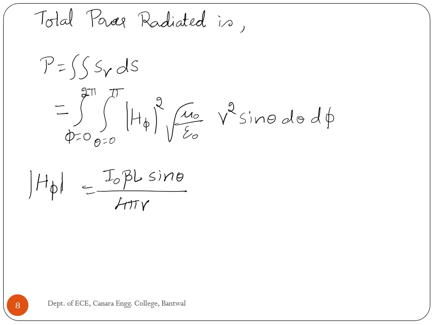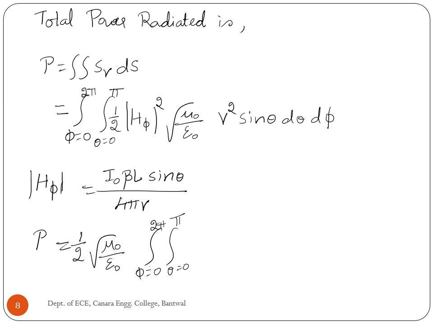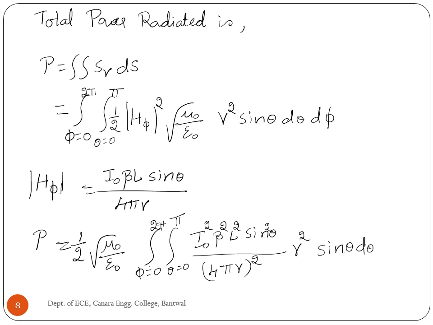When we substitute the absolute value of the magnetic field in the radiated power equation, then half into root of mu naught divided by epsilon naught, integral phi equal to 0 to 2 pi, theta equal to 0 to pi, H phi square, I naught square beta square L square sin square theta divided by 4 pi r square into dS. Equation 4.